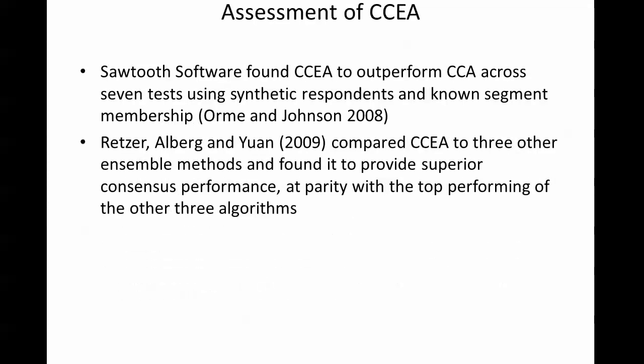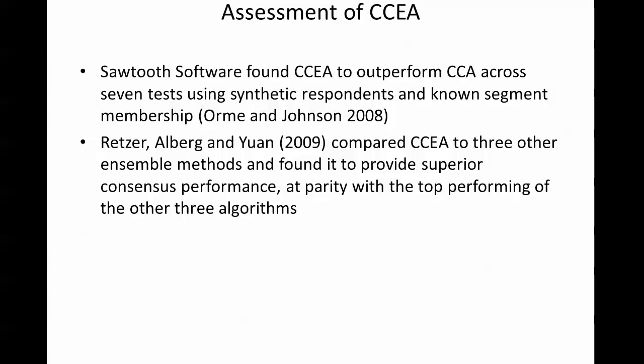So before releasing the product, Sawtooth Software did some internal testing, and they looked at 7 studies using synthetic respondents that had known segment membership, and they found across those 7 studies that CCEA tended to outperform CCA in terms of reproducing known segment membership, which is good.